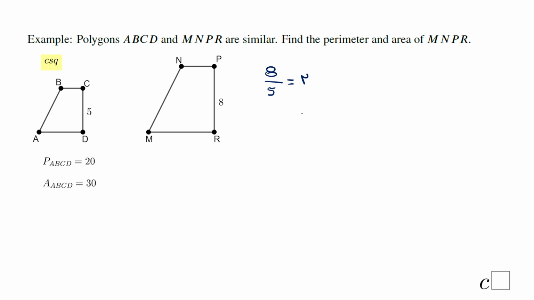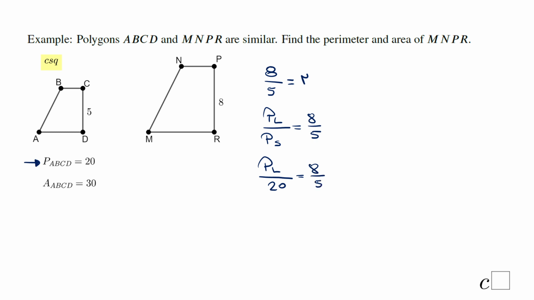But because you want to find the perimeter first, the perimeter of the large over the perimeter of the small quadrilateral will be what? It will be the same, r. So it's going to be 8 over 5. And if you notice, we know this perimeter, which is the small one, right? So I'm going to have the perimeter of the large, the one we need to find out, over 20 equals 8 over 5.